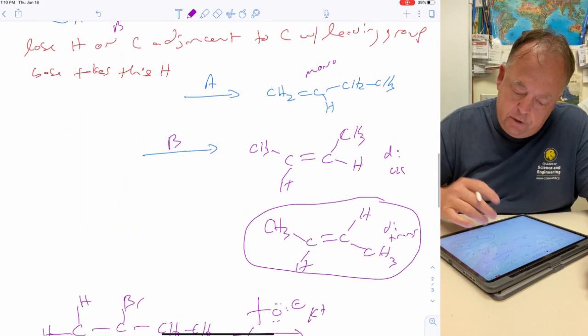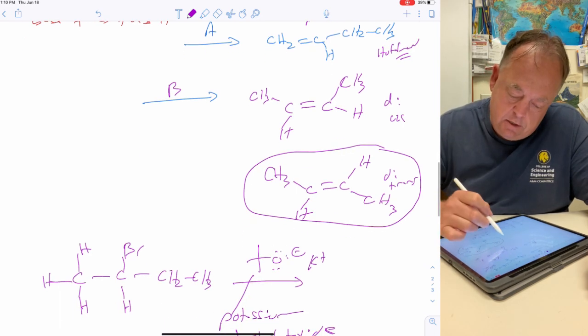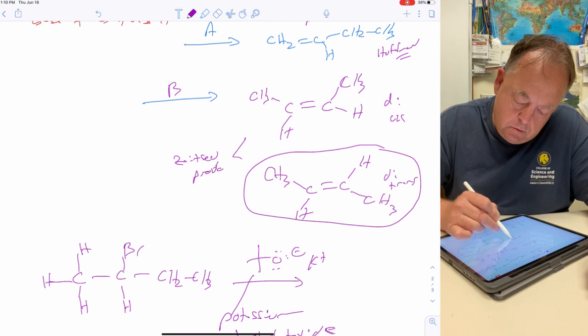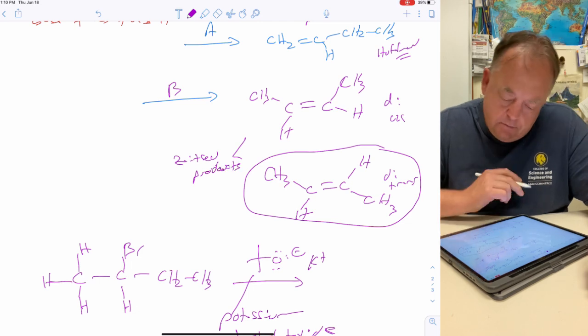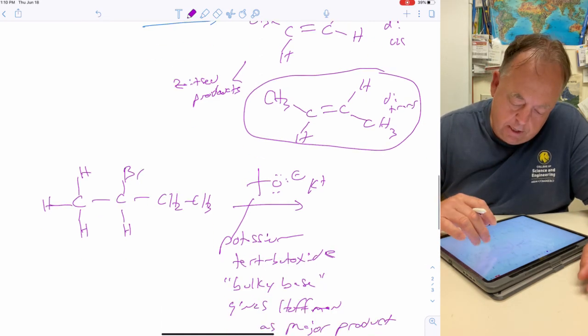Okay, so this would have been the Hoffman product, right? Because it's the least substituted, and these are Zaitsev products because they're more substituted. But the bulky base is going to give you the least substituted alkene.